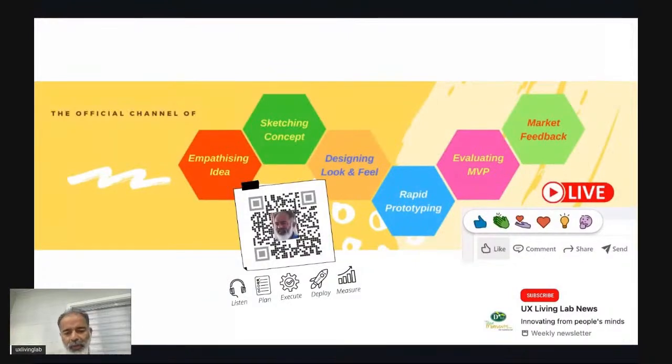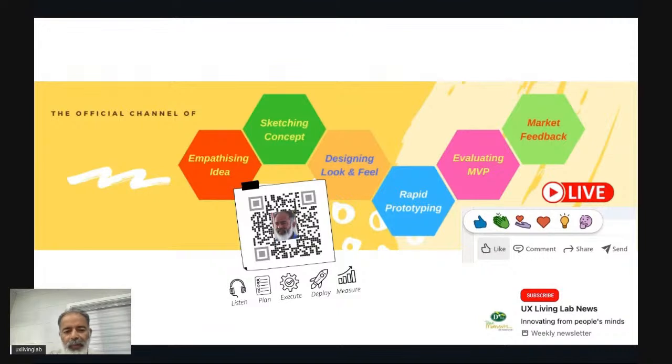Just to introduce myself, I am Thomas. I talk about innovation journeys. The innovation journey starts from empathizing, idea sketching, then concept sketching, then designing look and feel, rapid prototyping, MVP, and market feedback. These are the typical steps of the innovation journey.